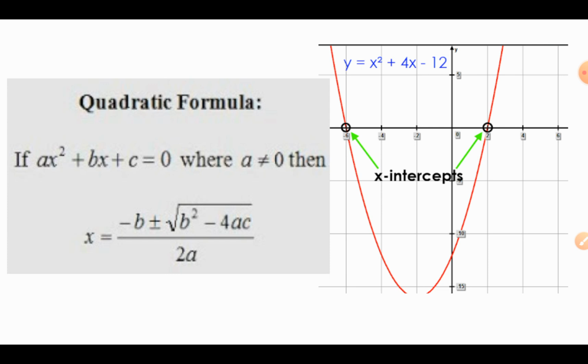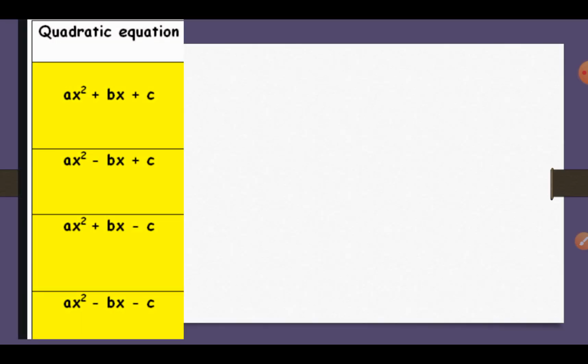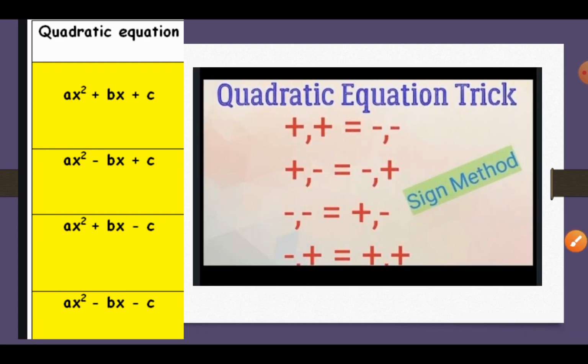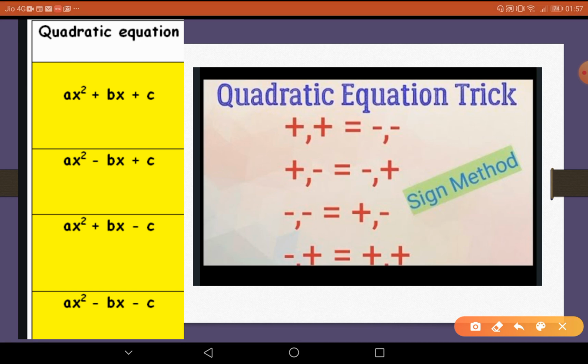So what do you need? You need tricks, and I am going to teach you those tricks. There are mainly 4 types of quadratic equations asked in bank exams: plus plus, minus plus, plus minus, minus minus. I am telling you the signs. On the left hand side you can see the signs in the equation, and on the right hand side the signs you will get in the answer.